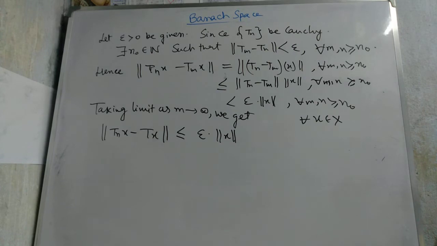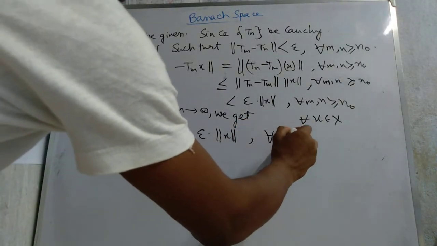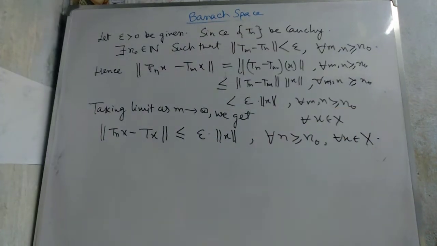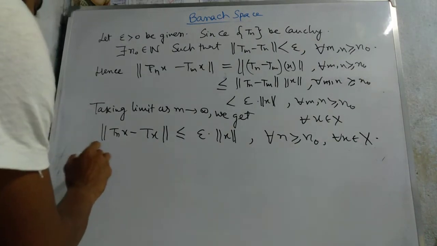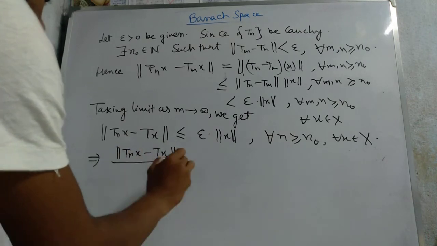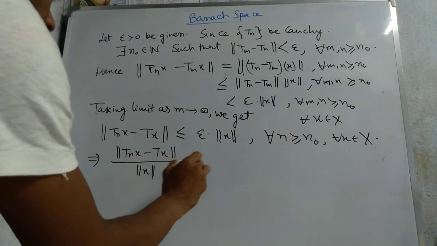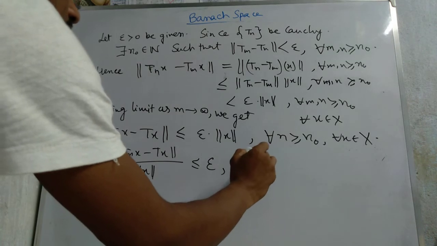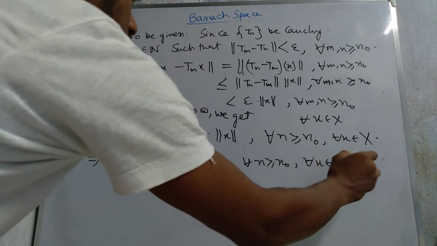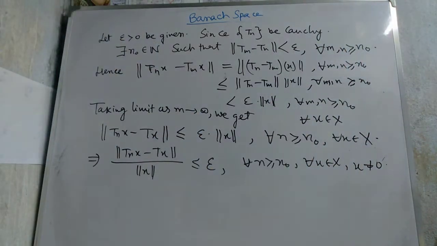Then this holds for all n greater than or equal to n₀ and for all x belonging to X. This implies that norm of Tₙx minus Tx by norm of x is less than or equal to epsilon for all n greater than or equal to n₀ and for all x belonging to X where x is not equal to 0.